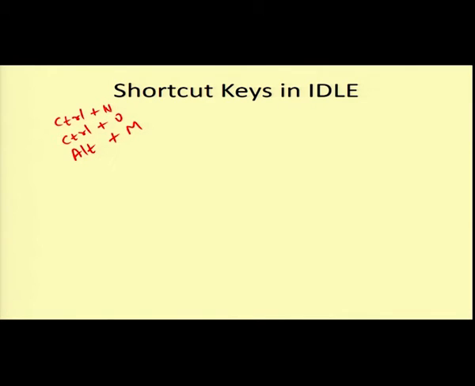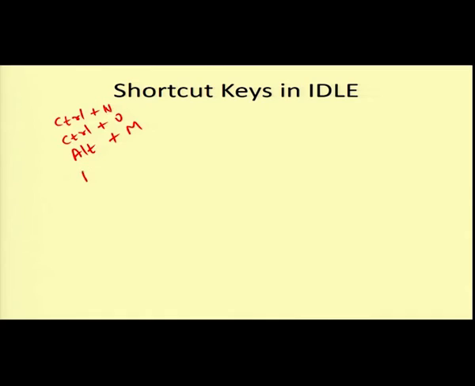Again, my dear viewers, you are not supposed to press the plus key. In the keyboard, you are supposed to simultaneously press the Alt key and the M key, which will ask you for input of which module is to be opened, and you are supposed to key in the name of the module. So that is the shortcut key Alt M for opening a module.